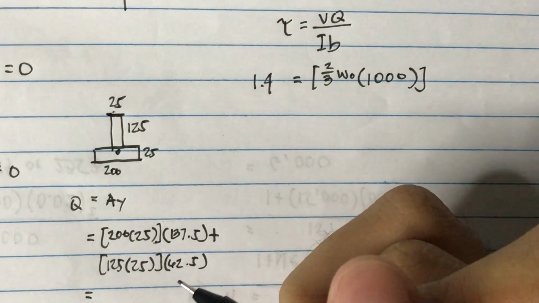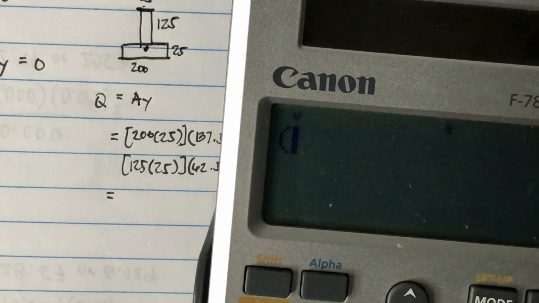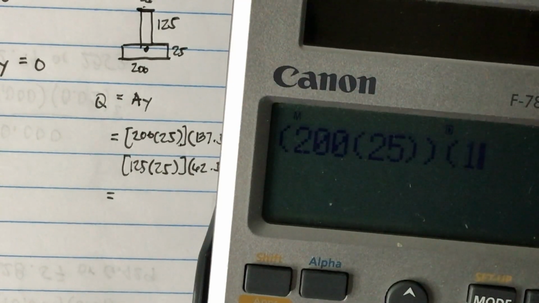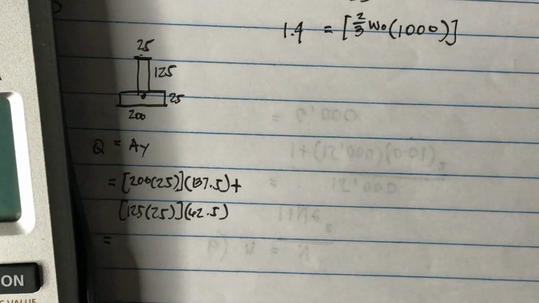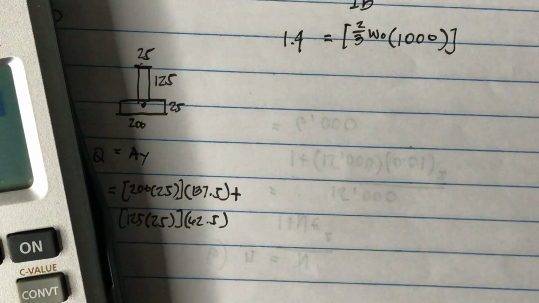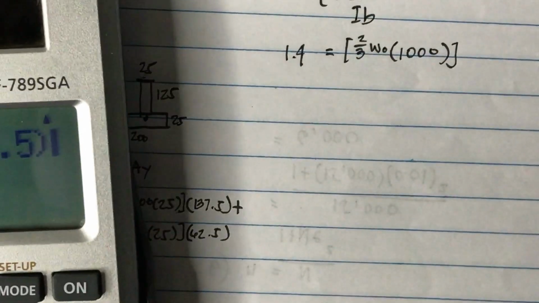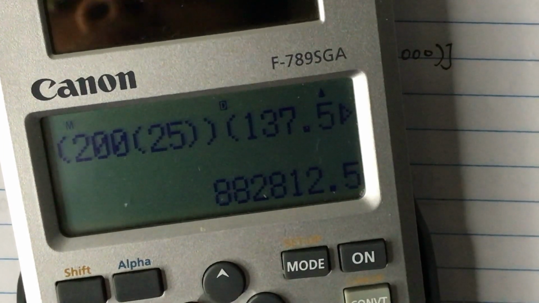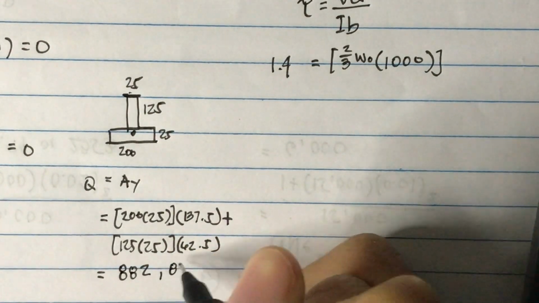And we will have a Q nga 200 times 25 times 137.5 plus 125 times 25 times 62.5. And I'll take Q nga 882,812.5.